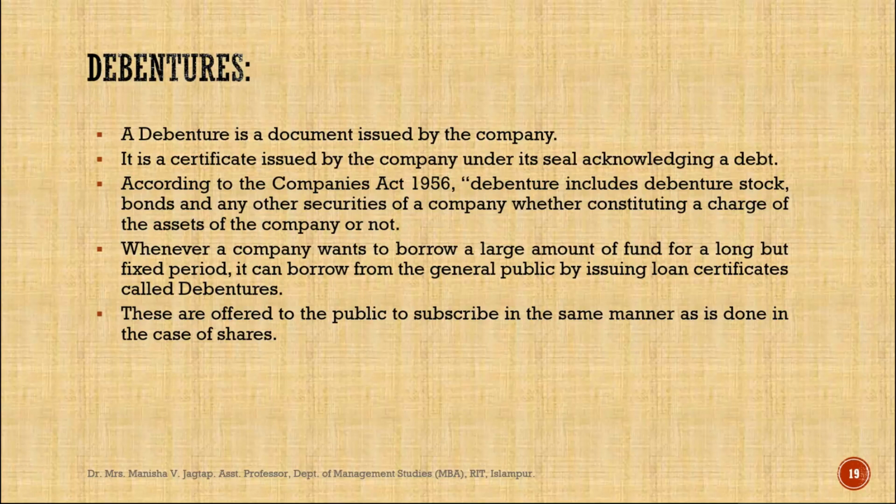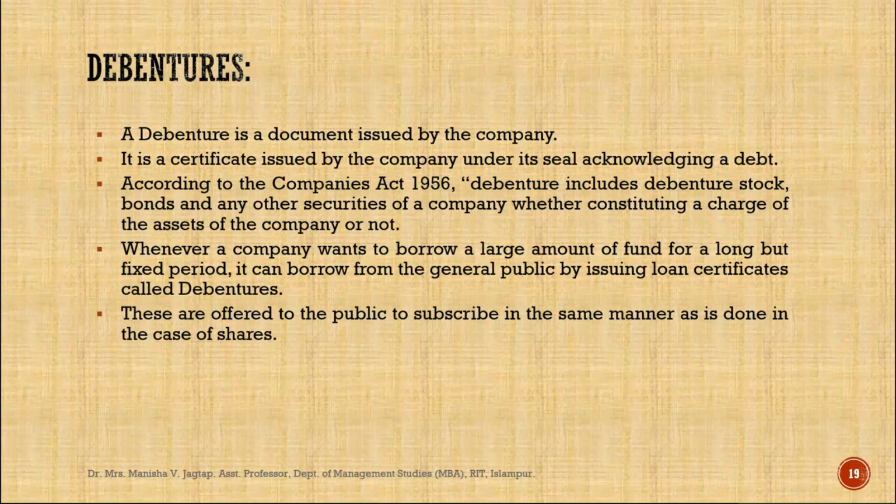Whenever a company wants to borrow a large amount of funds for a long but fixed period, it can borrow from the general public by issuing loan certificates that are called debentures. These are offered to the public to subscribe in the same manner as in the case of shares, but they are issued to the public as a contract of repayment of money borrowed from them.